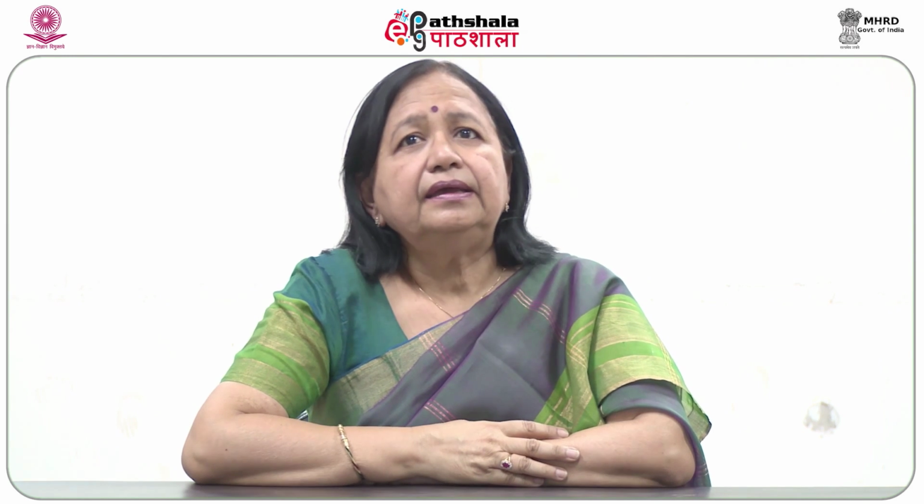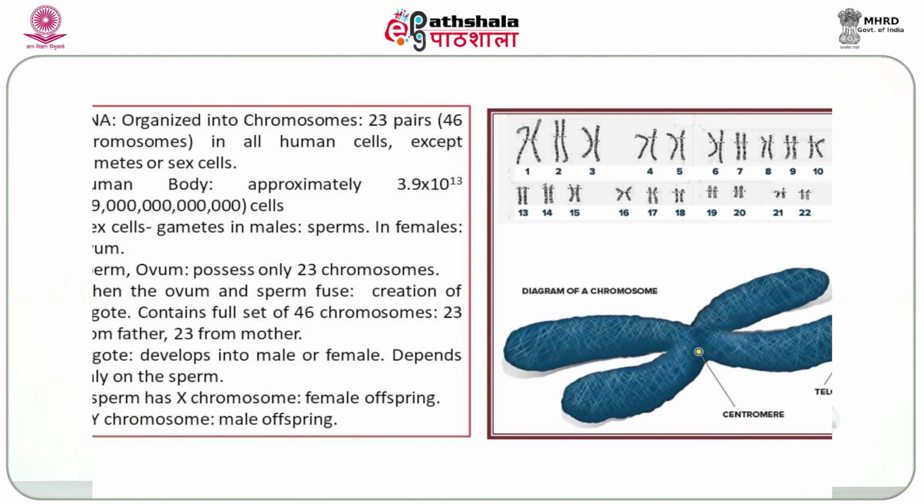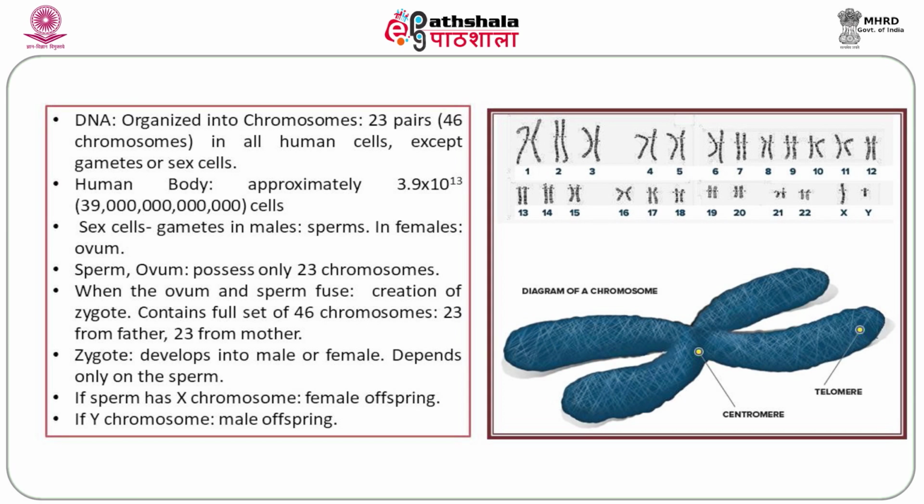So, now DNA is basically organized into chromosomes, and we have 23 pairs of chromosomes, which is 46 chromosomes, and every cell of the body has 46 chromosomes except the gametes. The gametes are the sex cells. So, the human body, which is about 3.9 trillion cells, is made up of cells which contain all the 46 chromosomes except the gametes, known as sperms in males and known as ovum in females.